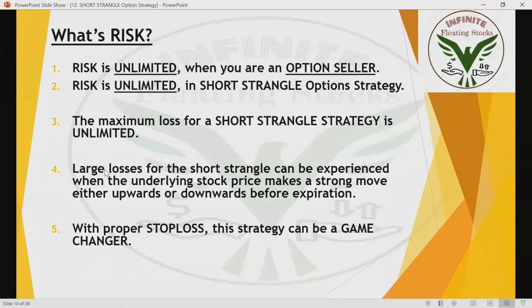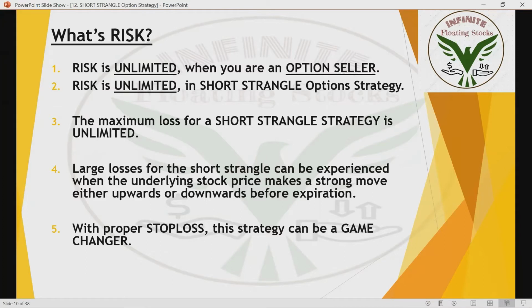Large losses for short triangle can be experienced when the underlying index or stock makes a strong move either upward or downward before expiration. You should make sure that the underlying asset, the index, stays in that boundary only. It should not be breaking the boundaries and coming out of it.